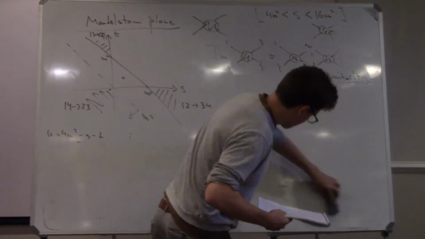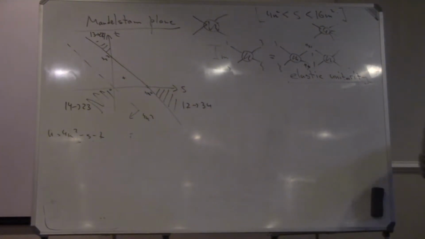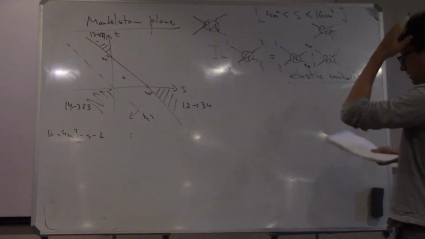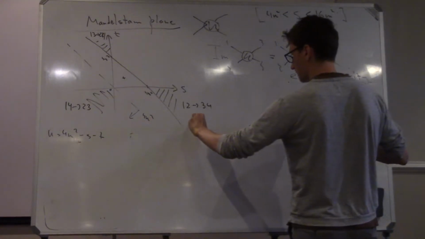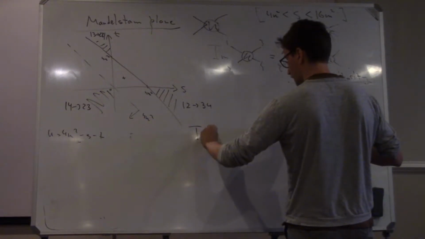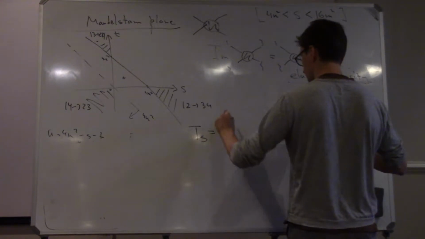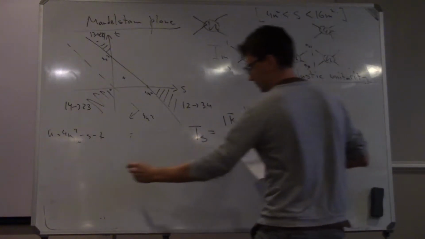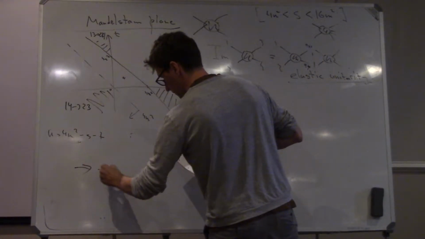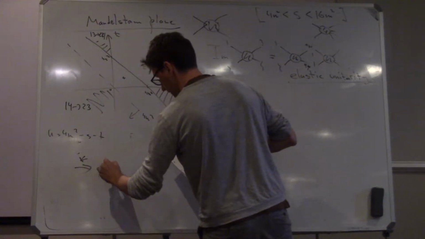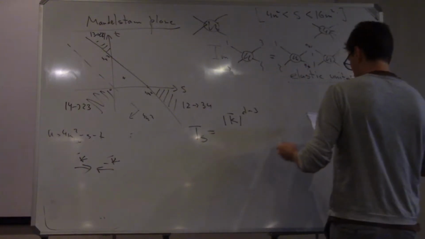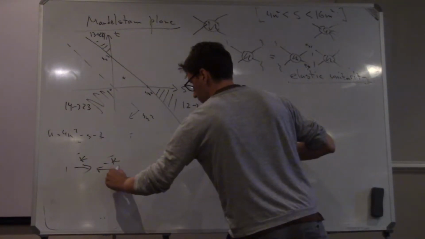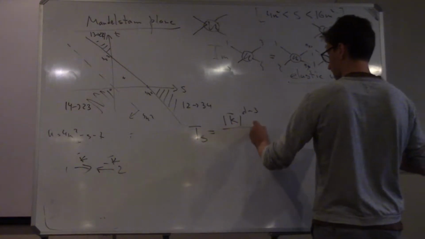So if you simplify this equation, it takes the following form. T_S is a discontinuity along the S channel. You get this momentum. Again, particles colliding with momentum k and minus k, particles 1 and 2.